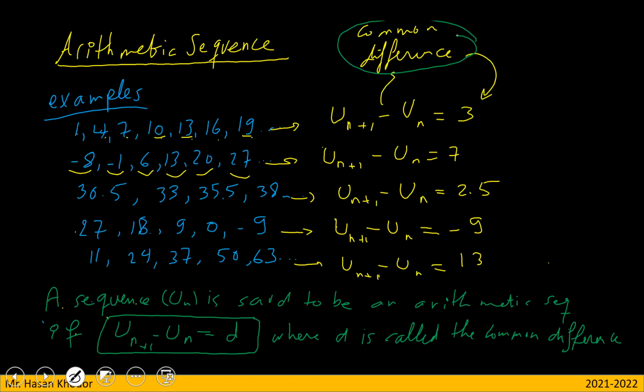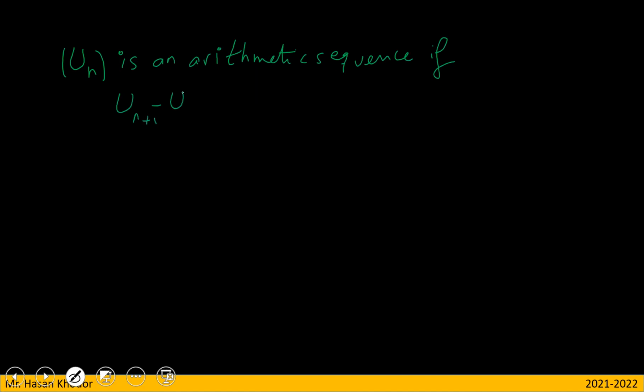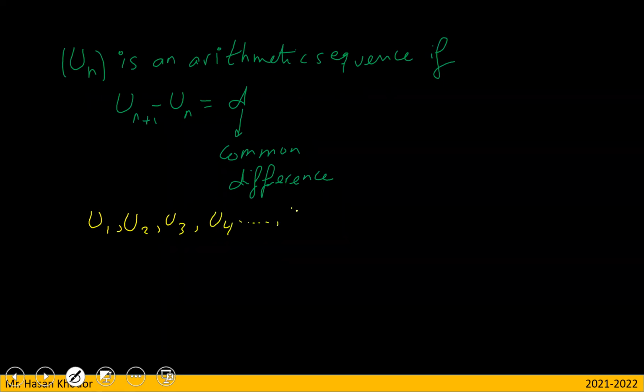So again, I'll repeat: UN is an arithmetic sequence if we subtract any two terms, we will get the same number D, and D here is called the common difference. So if we have this sequence, U1, U2, U3, U4, etc., until we reach UN, after UN we have UN plus 1, UN plus 2, and so on.